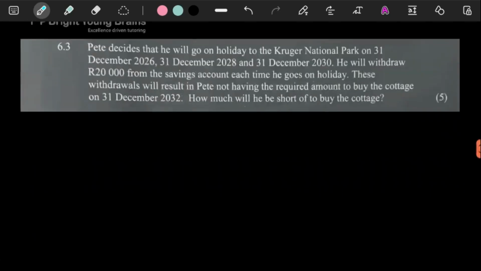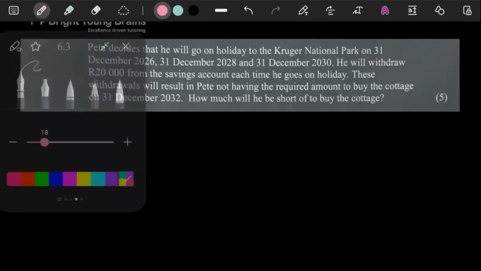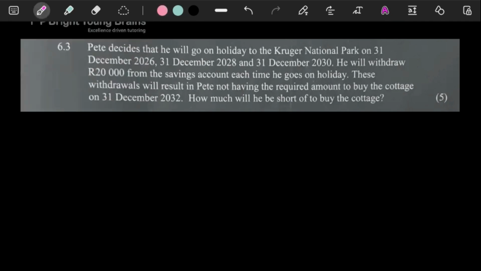Well, the idea with a question like this one is that we have to be careful, so it's kind of a long one. I literally mean that we need to take into consideration that the 20,000 he is going to be withdrawing, one after the other, is going to take away from the 1,800,000 that he would have at the end of the 133 months.